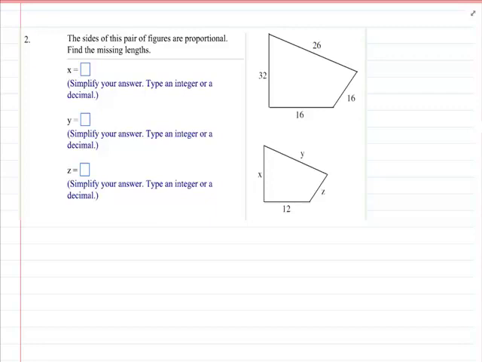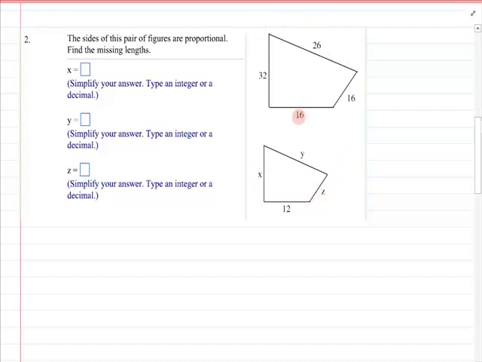So this is a 4-sided figure, but it's not a rectangle. Nevertheless, it says the sides of this pair of figures are proportional. That's all I need to hear. If they are proportional, then the figures are similar and I can use proportions. Where can I find a ratio with 2 numbers?